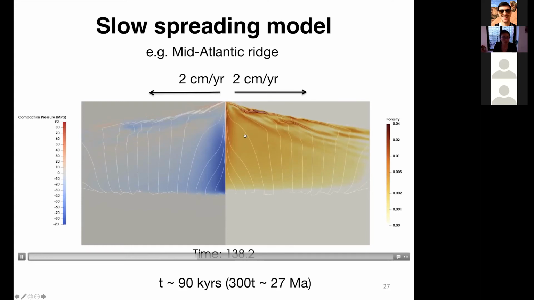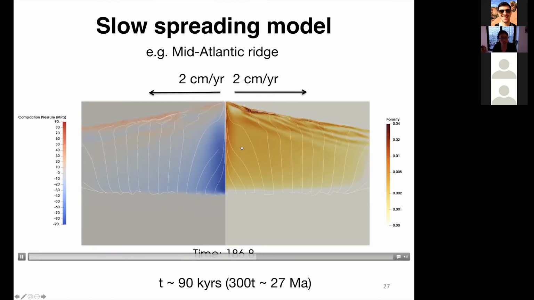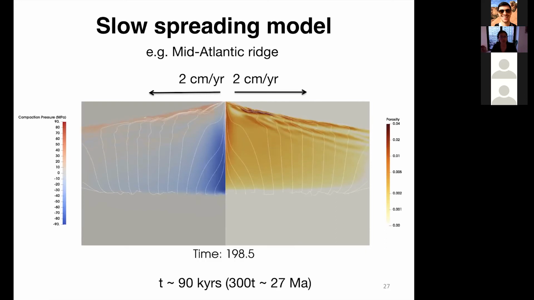And there are two melt transport patterns here. One is in the center, where you get these melt flow lines that are being focused pretty deep towards the ridge axis where your melting rate is the highest. Melting rate is highest at the ridge axis because that's where upwelling is the fastest.